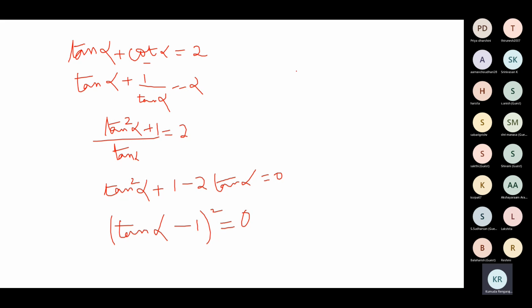So that means tan alpha minus 1 is equal to 0. So tan alpha is equal to 1.